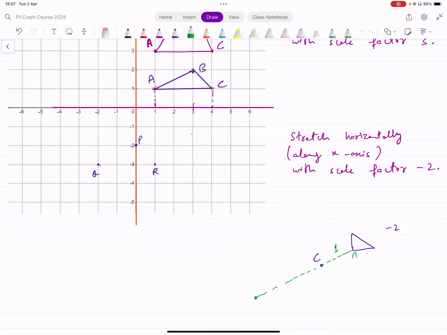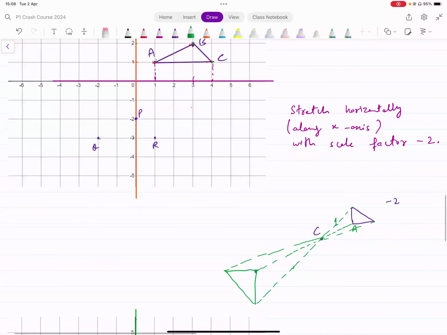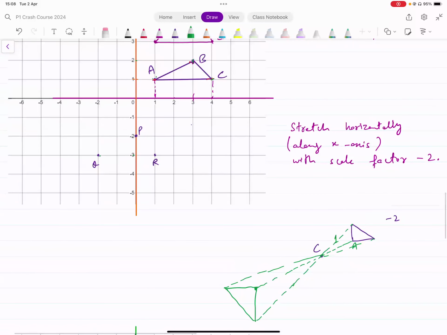So this point, let's call this A, that's going to be here. And similarly, whatever is this distance, it's going to go double that distance in the other direction here. And then similarly, this point is going to go somewhere around here. And the enlarged diagram would look like this. It will be on the other side of the center of enlargement like this.